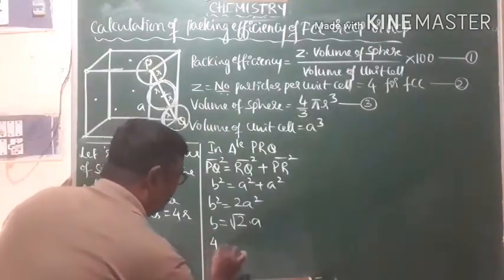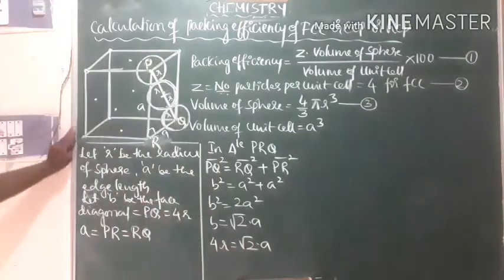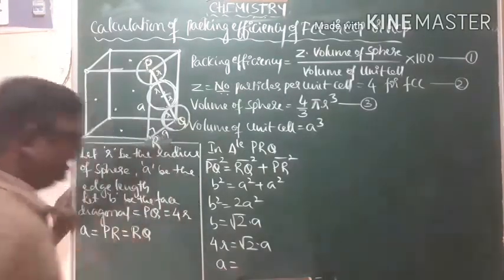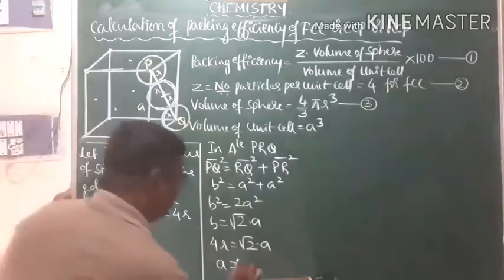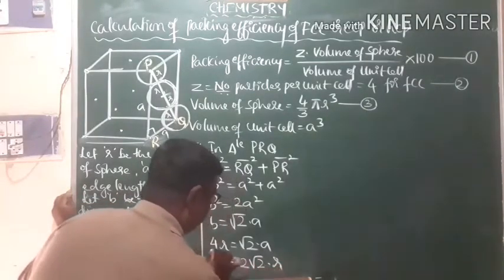Therefore, 4R is equal to root 2 into A. And therefore, A is equal to, when you simplify this, 2 root 2 into R.